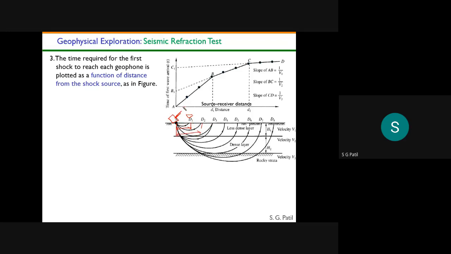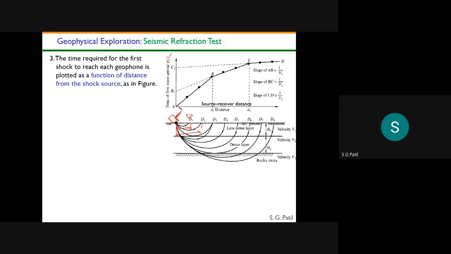Those distances will be your x-axis, and the y-axis will be the arrival time of the first wave at a particular geophone, in milliseconds, because the waves pass very fast.